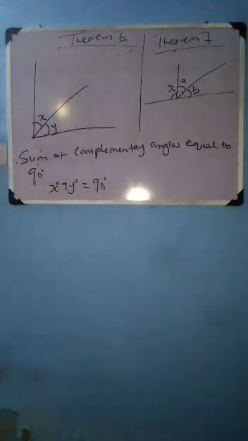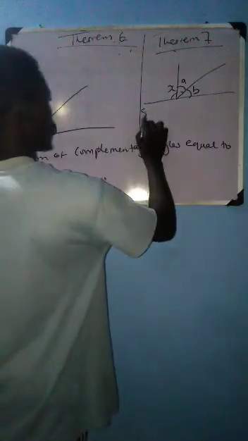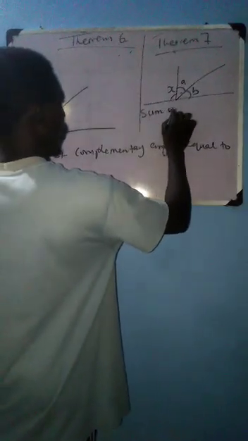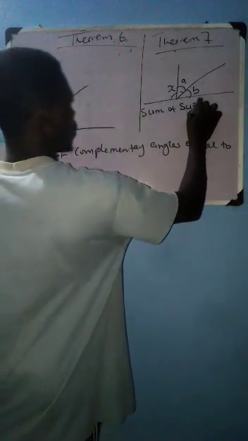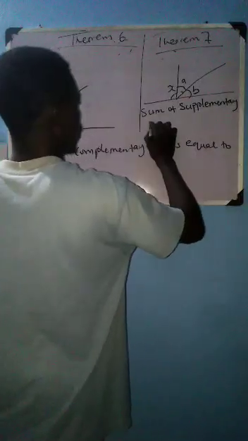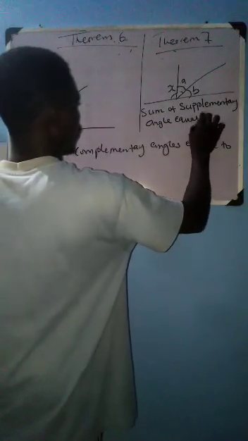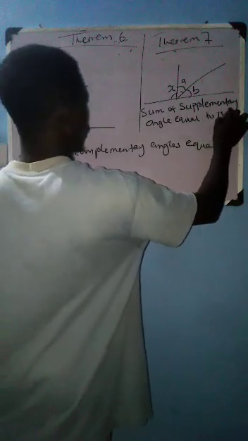So, theorem 7, sum of supplementary angles equal to 180 degree.